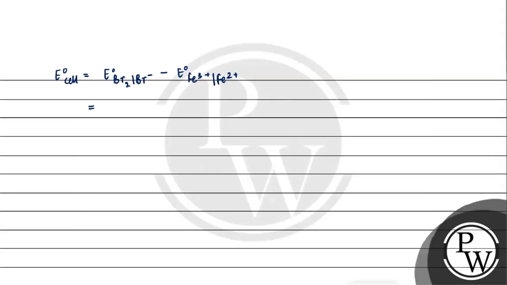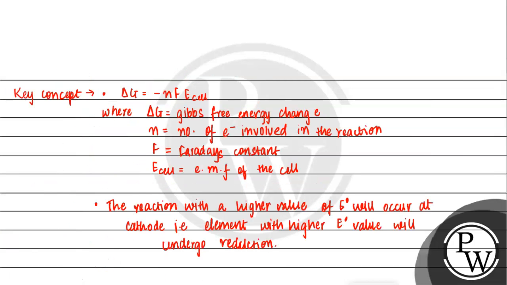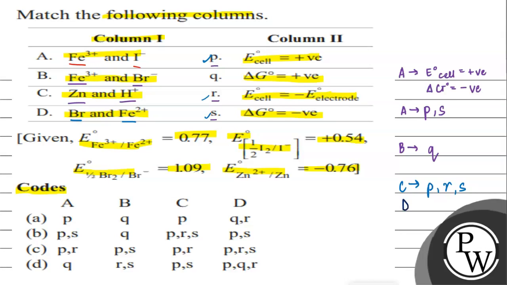Now if we want to calculate it, it is 1.09 minus 0.77, which will be equal to 0.32. E° cell इधर भी एक positive value है, so ΔG° will be a negative value. So looking at the options, अगर हम option D का देखें, तो it matches with E° cell is positive there and ΔG° is negative. So it matches with P and S.